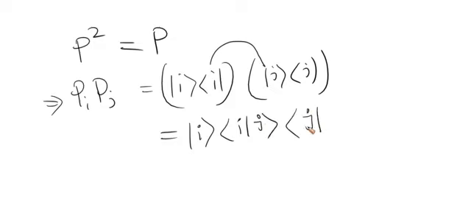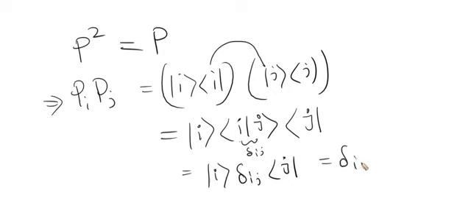You can move it around, and this number is nothing but delta ij, right? So this is |i⟩ delta ij ⟨j|. But the only non-zero contribution will come when this i and j are equal.